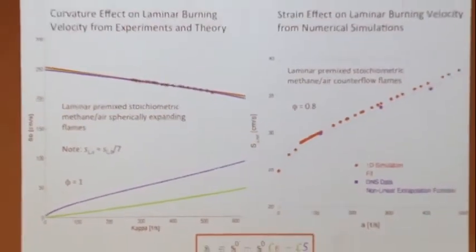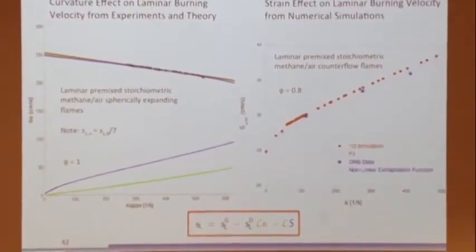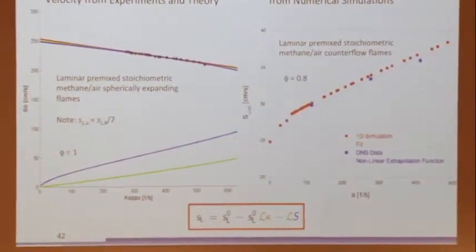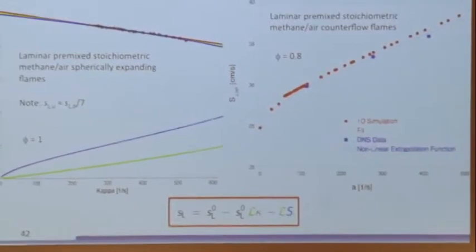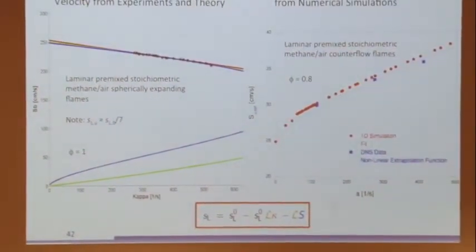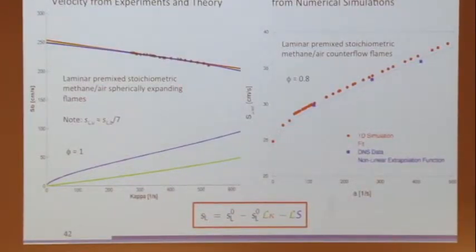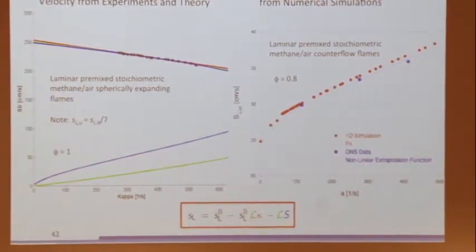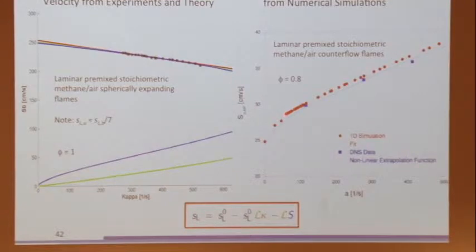This here is a different experiment. This is a counterflow burner where you have a premixed stream from the top and a premixed stream from the bottom, and then you have two flames. This is from a paper we published with Professor Egolfopoulos from USC. He runs this counterflow burner, and you can change the velocities, and with that you change the strain. We'll look at this later on. If you go to smaller and smaller strain, you see the burning velocity gets smaller and smaller.